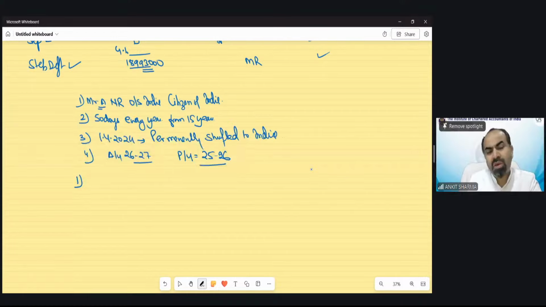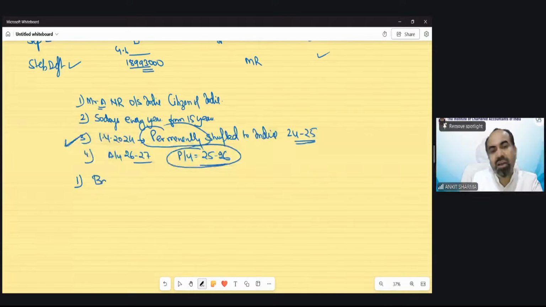Because he has been shifted into India permanently in the previous year 24-25, for the purpose of previous year 25-26 only the basic conditions need to be applicable. So it is a normal case. Basic condition 1: either more than 182 days in India in that previous year, or the 60 plus 365 days condition.